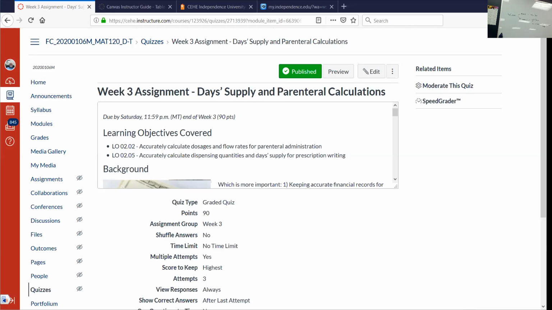Otherwise, it's a pump. And the difference here is that we do much the same set of calculations, but the very last step of those calculations, when we're doing the manual delivery, is to calculate the number of drops per minute.